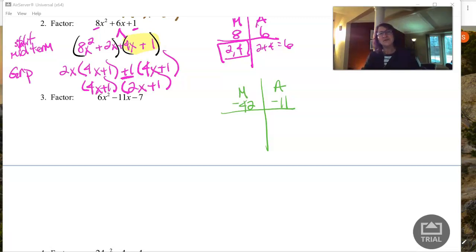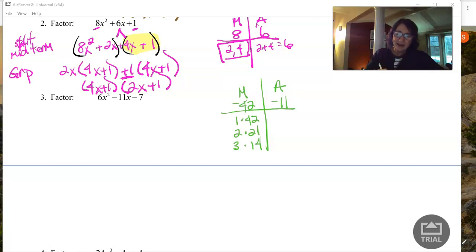So I need to think about what factors are going to work for me. So I start going down, just ignore the negatives for a moment. 1 times 42, 2 times 21. Does 3 go into there? 3 times 14. That's a little suspect. There we go. I think that's going to work for us.